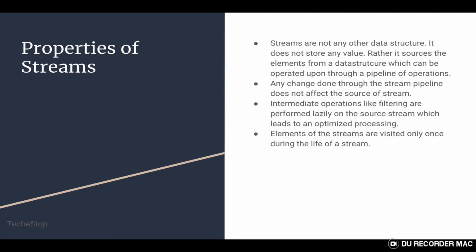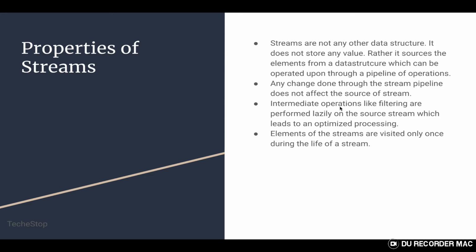There will be an output of that stream after performing those operations, but the original source remains unaffected. If you access that source after executing all those operations, you'll still have it in its original state.